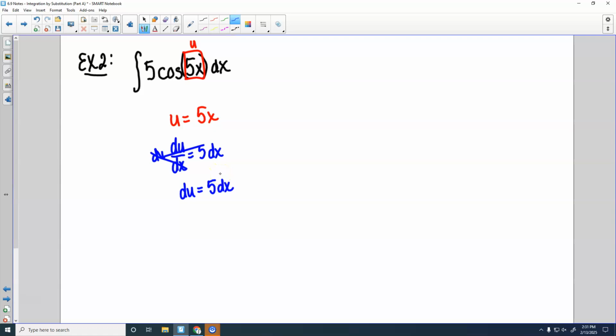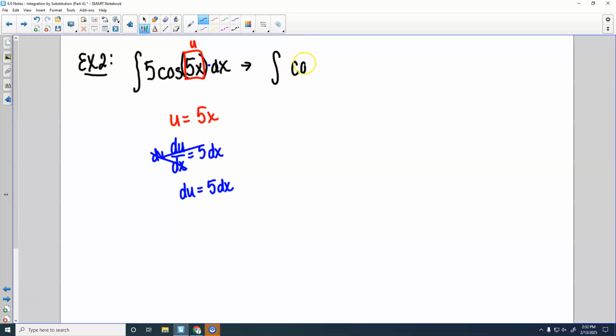Now, in this case, do I have a 5 dx? Right, I got a 5 cosine. The 5 is there, the dx is there. They're not together. Could I put them together? I could, because this dx is multiplied on the end. So it would be okay to write this way.